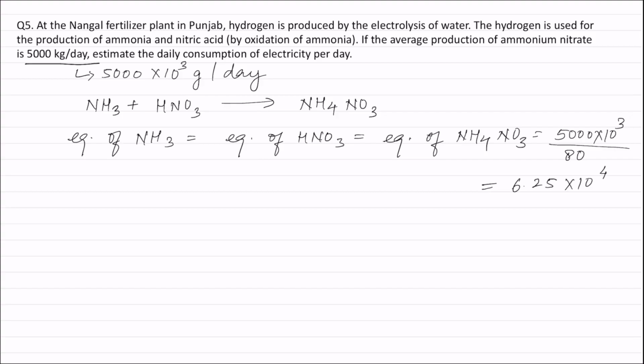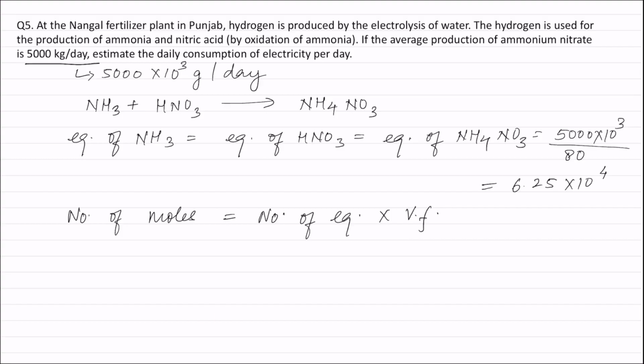Now valency factor of ammonia is 1, valency factor of nitric acid is 1, and valency factor of ammonium nitrate is 1. And we know that number of moles is equal to number of equivalents into valency factor. Now since the number of equivalents is same, valency factor is same, therefore number of moles will also be same.